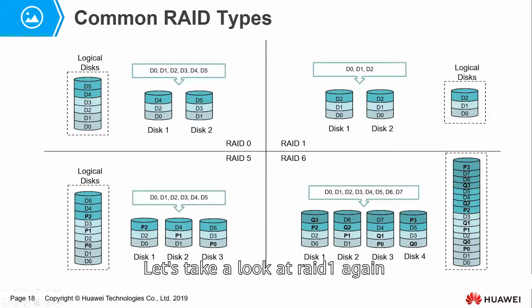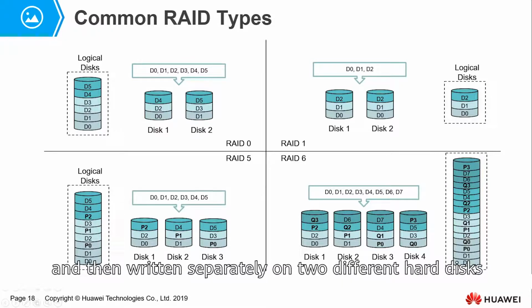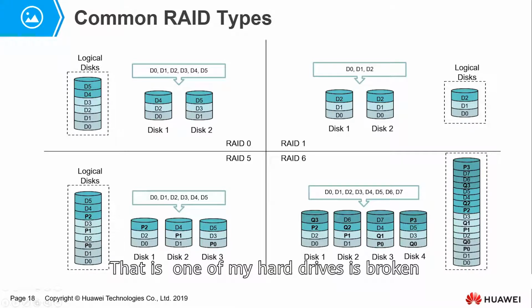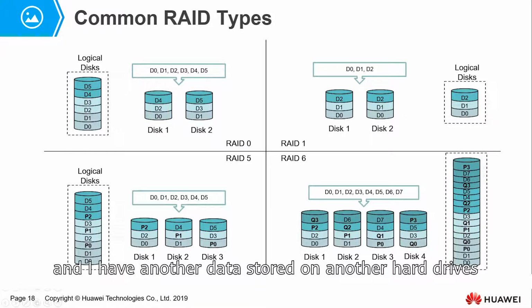Let's take a look at RAID 1 again. With RAID 1, the data will be copied into two copies, and then written separately on two different hard disks. What are the benefits? If one of my hard drives is broken, I have the same data stored on another hard drive.